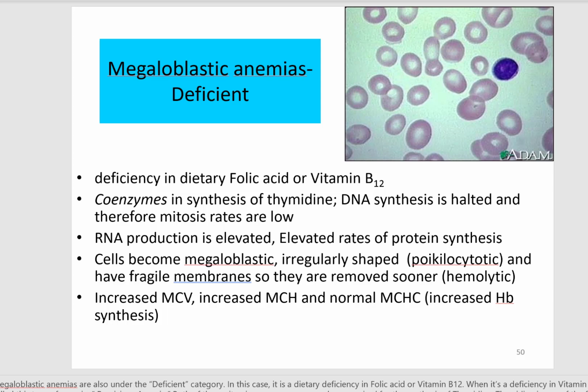If for some reason thymidine levels are low, then DNA synthesis is going to be halted. And instead, the cell, if it can, will focus on RNA production. You see, DNA is used for two reasons.